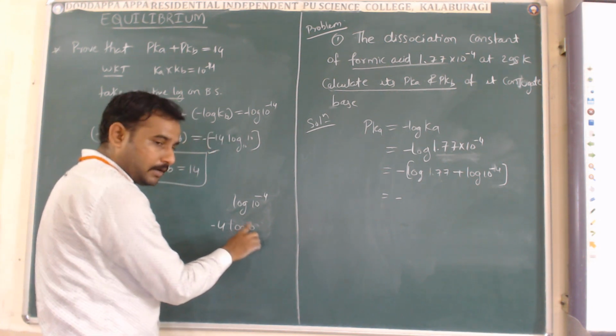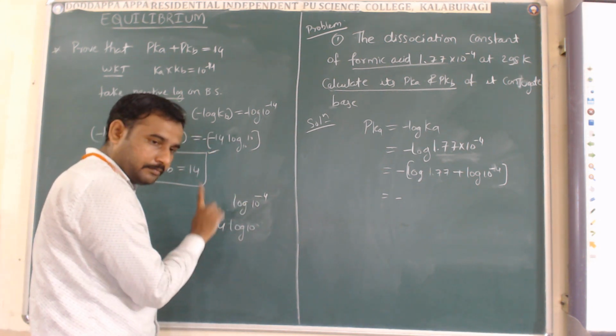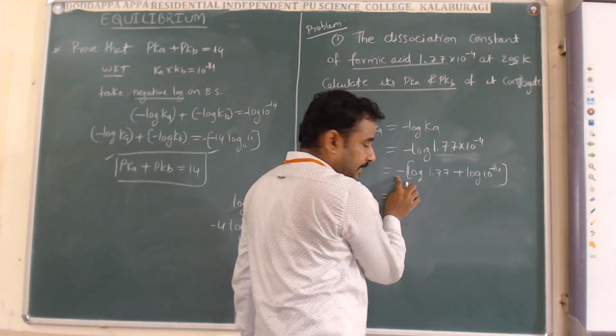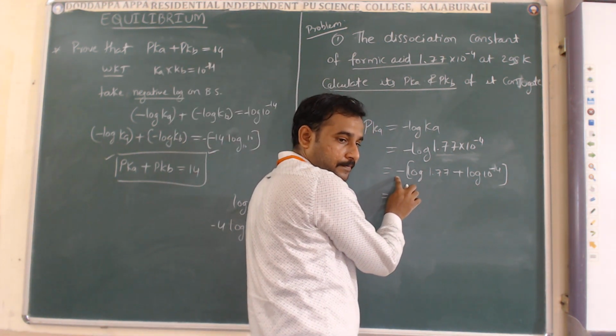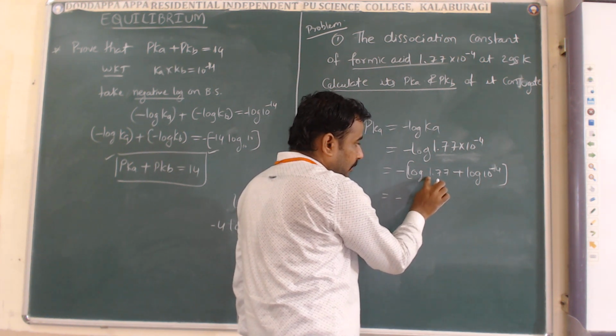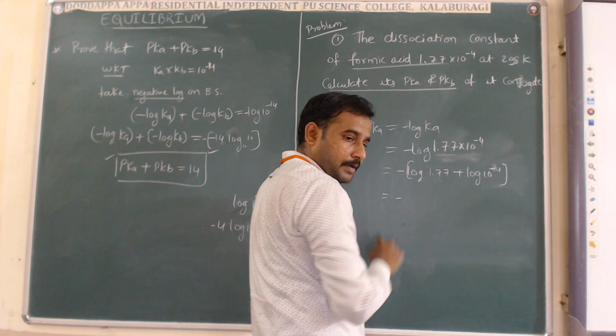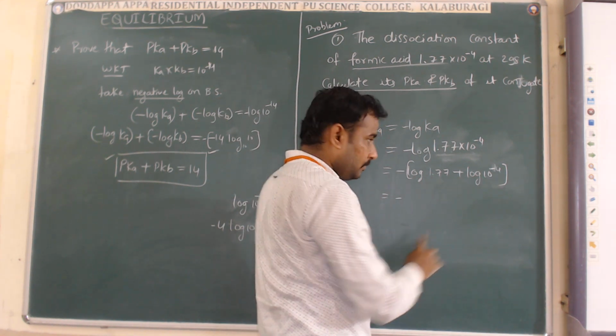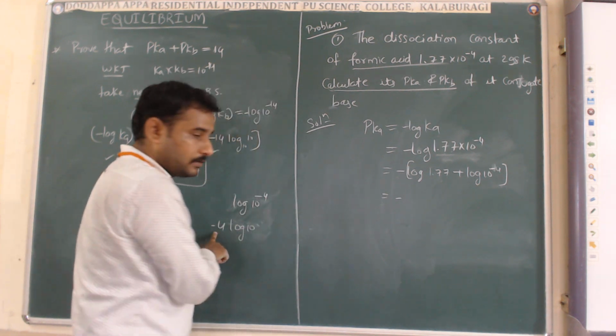Log 10 value will be 1, and 1 into minus 4 is minus 4. When this minus 4 is multiplied with this minus, it becomes plus. So minus into minus 4 becomes plus 4 here.